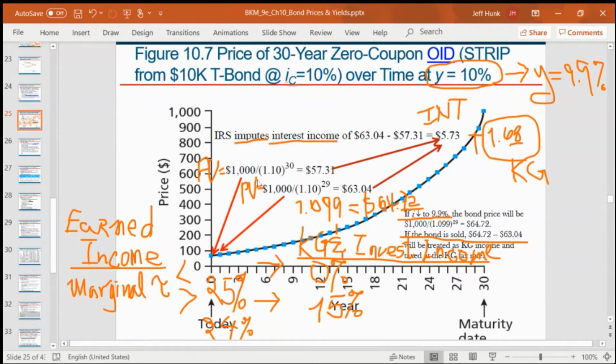In other words, that means virtually, if you sell, then you will pay tax on the interest income and capital gains. Now, the interesting thing is, you might wonder, where did all this just suddenly appear? Where did it just pop out of the blue?